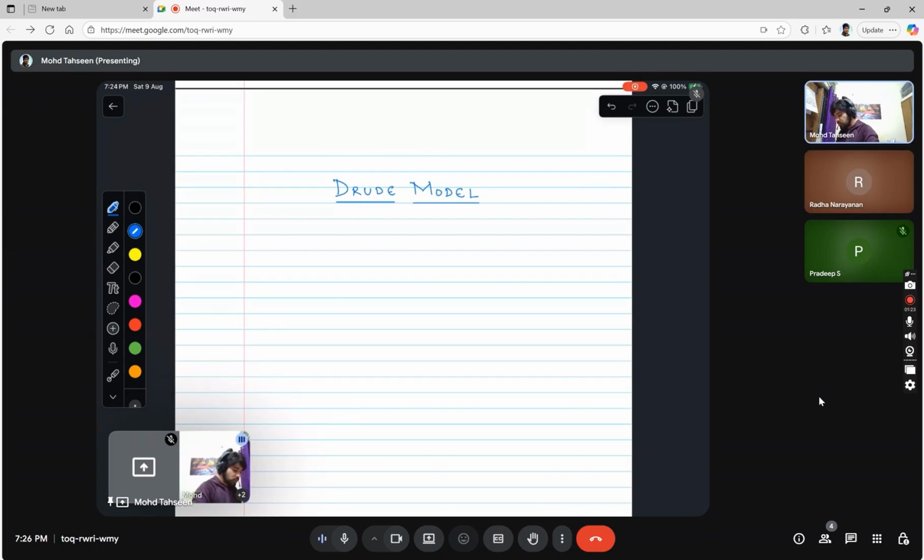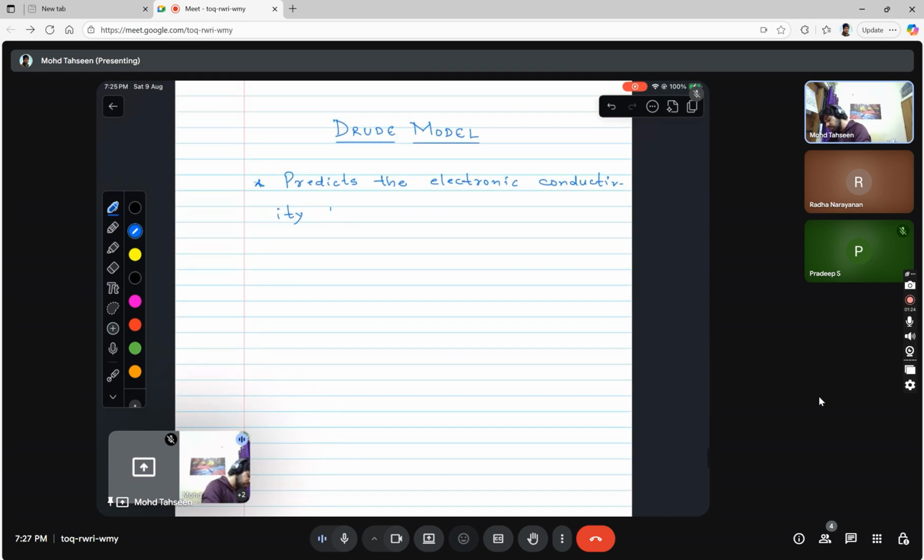Okay. Now what is the Drude model about? The Drude model predicts the electronic conductivity exhibited by a metallic solid by treating electrons as a free electron gas.